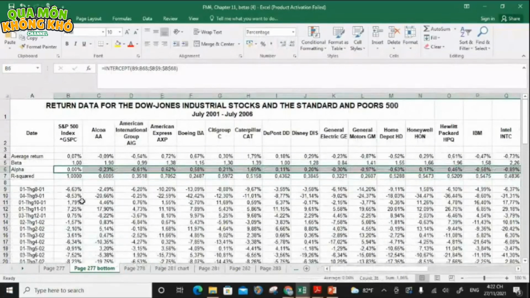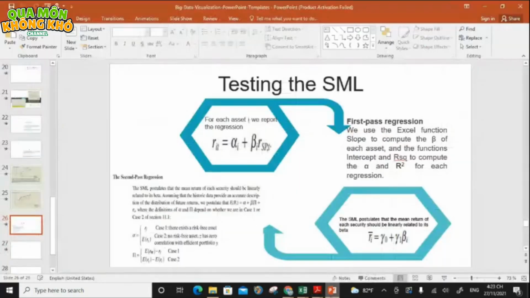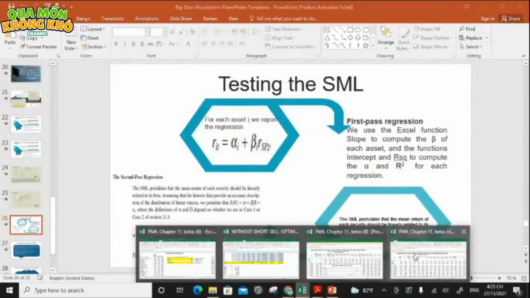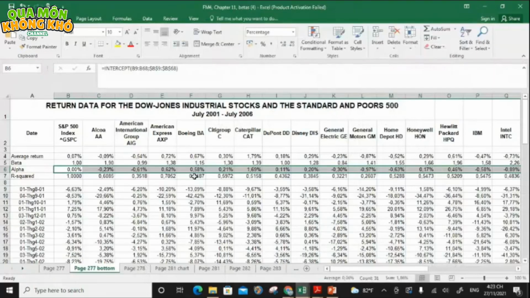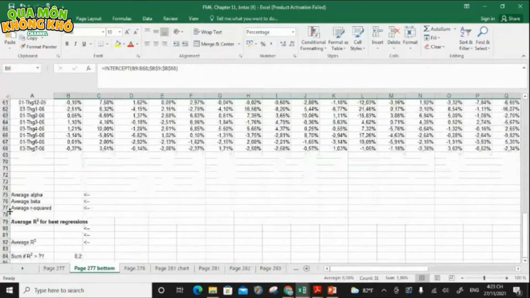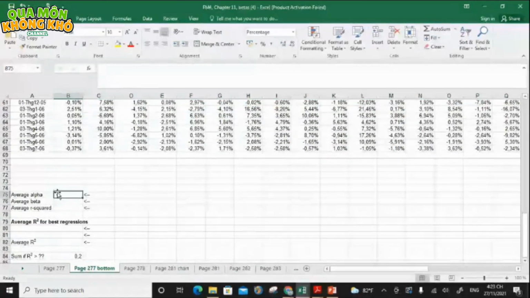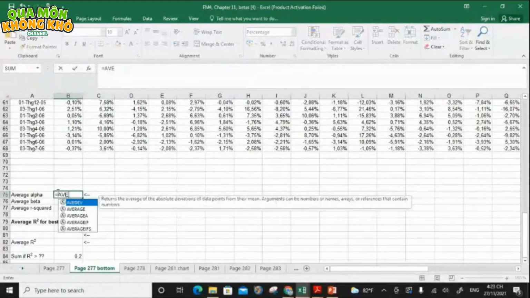So from the beta, the alpha, and the R square, that will give you the result of the first pass regression, as I have shown you before. And then I will calculate the average alpha.